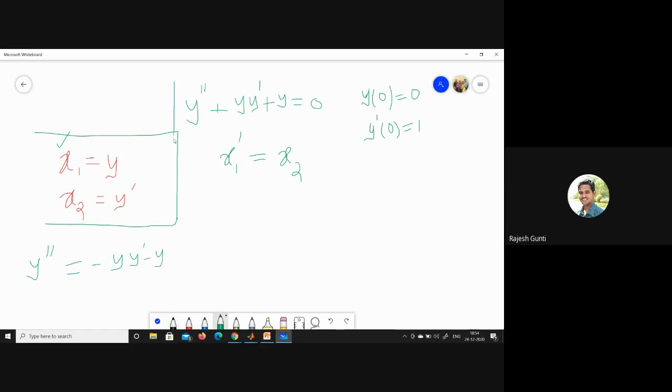From the given equation, y double dash is nothing but x2 dash. y is nothing but x1, and y dash is x2.